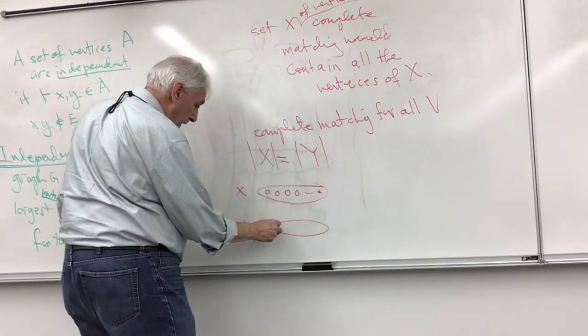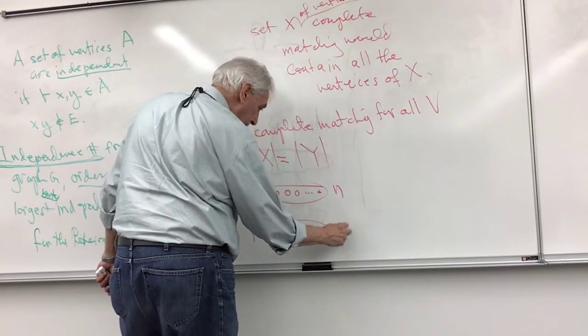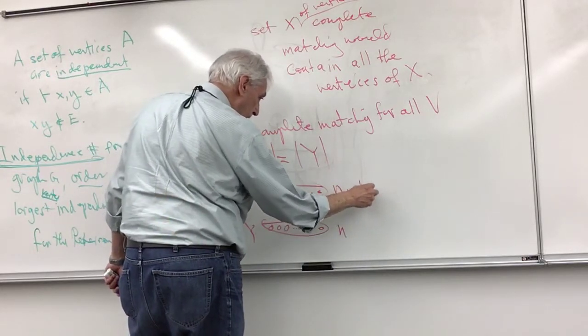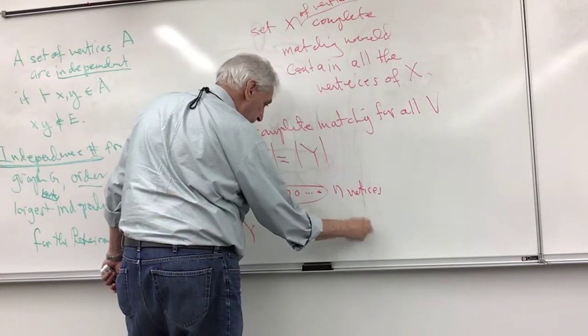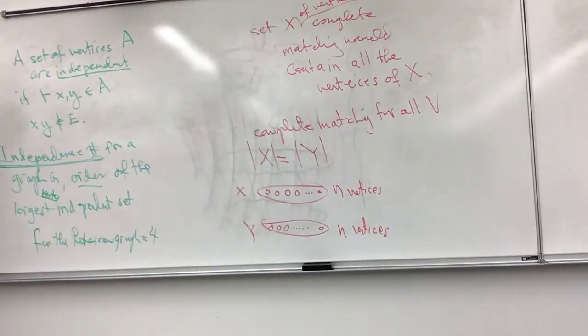This is independent, and this is independent, and there are n vertices here and n vertices here. Do I necessarily know that there's a complete matching, a matching with n edges in it? Or can you give me a graph that doesn't?